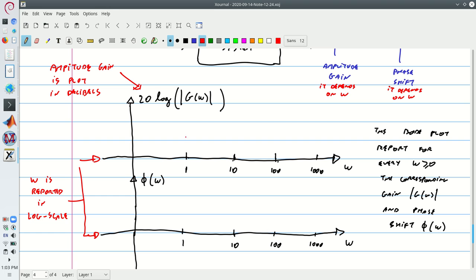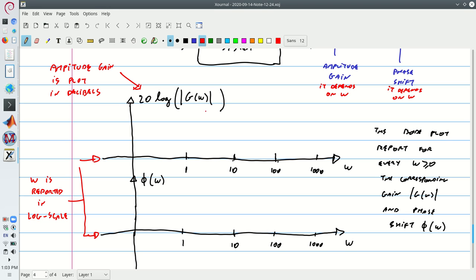Once you have your gain for every omega, your phi for every omega, and your omegas, so long as you do everything correctly, with a logarithmic scale for omega and decibels for your amplitude gain, you're going to be fine.